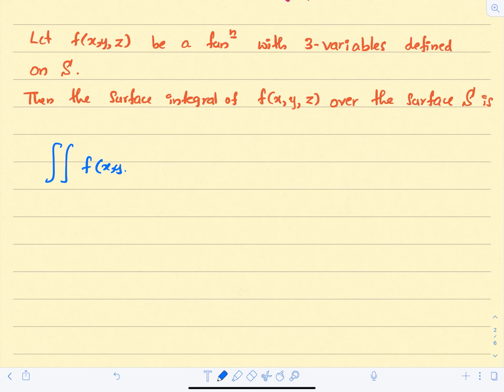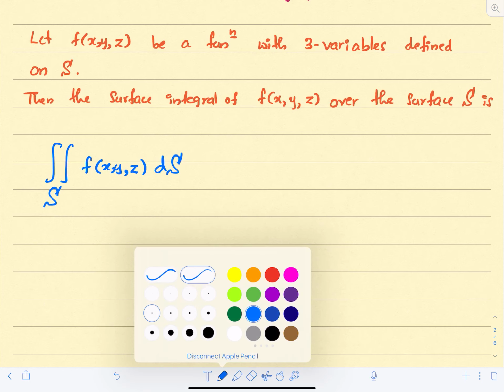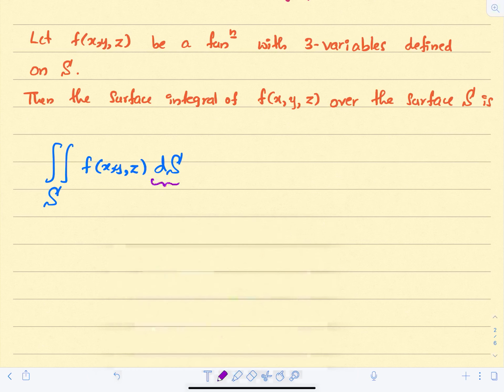This is a surface integral, so we have a double integral. Now we have this f defined over the surface S. If you recall chapter 12.4, this dS represents a surface area element.